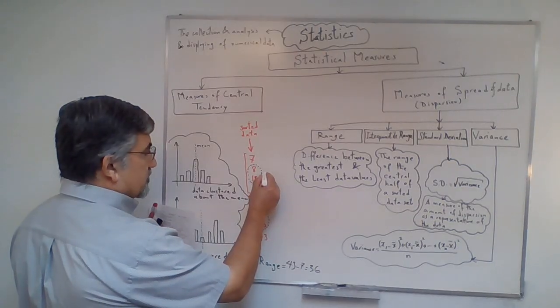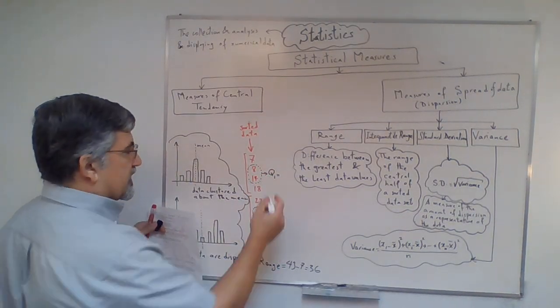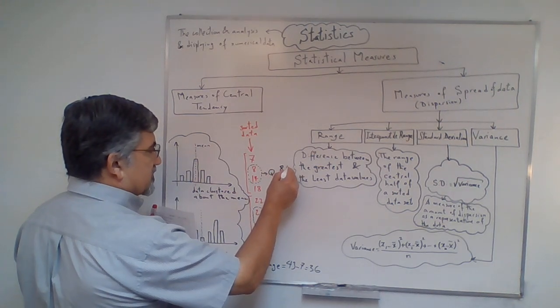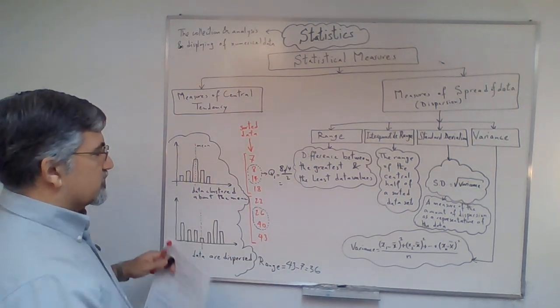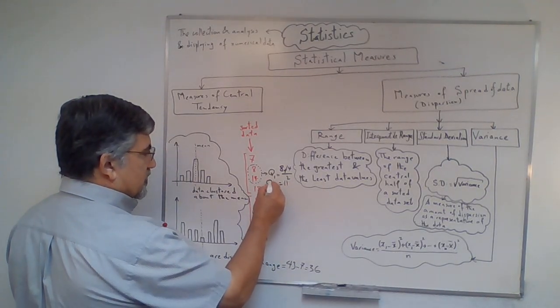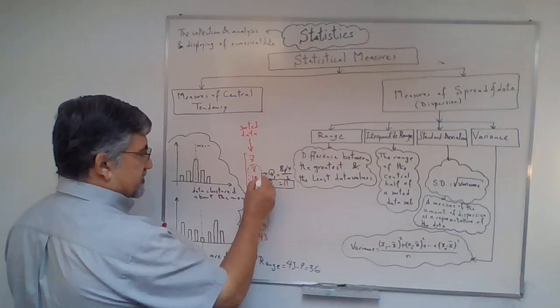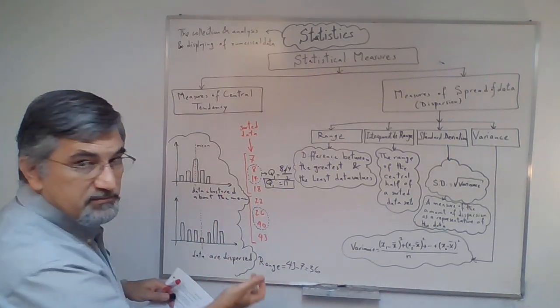So I'm going to find Q sub 1, which is the first quartile, and that's going to be 8 plus 14 divided by 2, and that would be 22 divided by 2, which is 11. So the first quartile is 11, all right? Now the bottom part, again, same scenario.